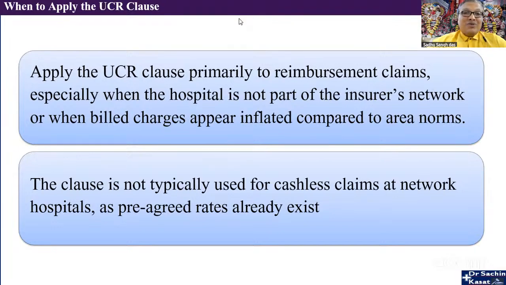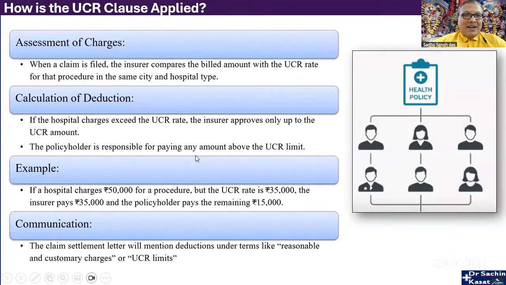So though the clause is not typically used for cashless claims, still at times it can be required to be applied. So how is the clause applied? First and foremost, we do the assessment of charges. When a claim is filed, the insurer or the TPA appointed by the insurer compares the billed amount with the UCR rate for that procedure in the same city and hospital type.